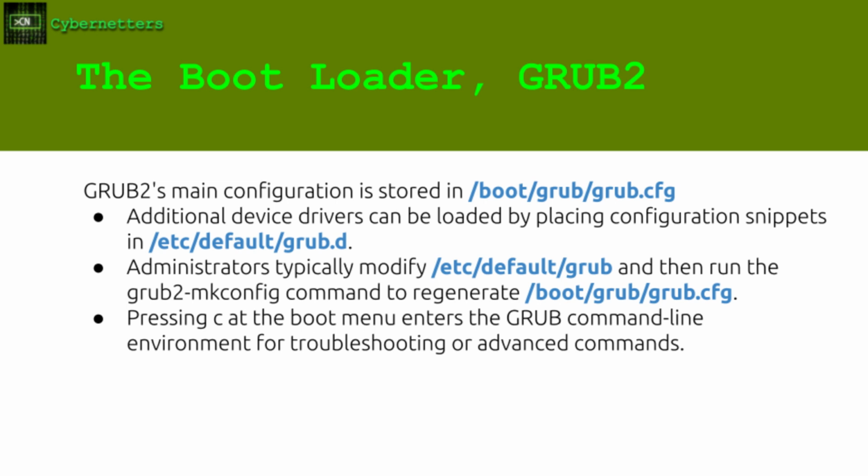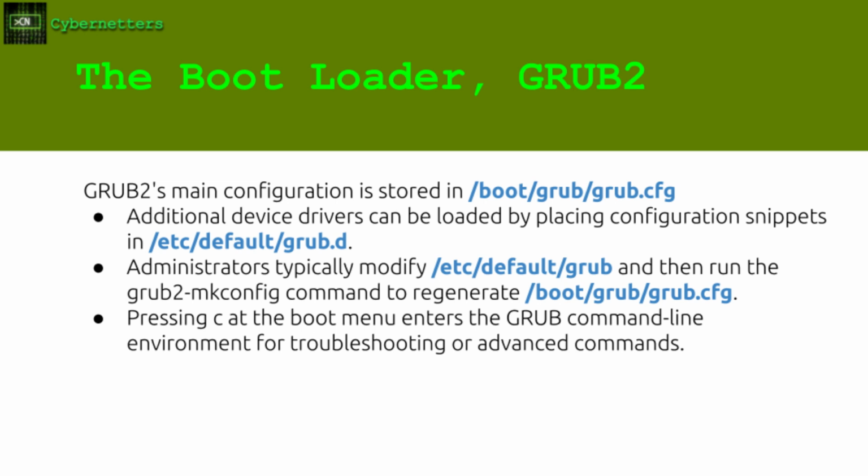Alright, so let's talk about GRUB2, which is the newer generation of the GRUB bootloader. Its main configuration file is located at /boot/grub/grub.cfg, but you typically don't edit that file directly. Instead, you make changes in /etc/default/grub or place additional configuration snippets in /etc/default/grub.d.